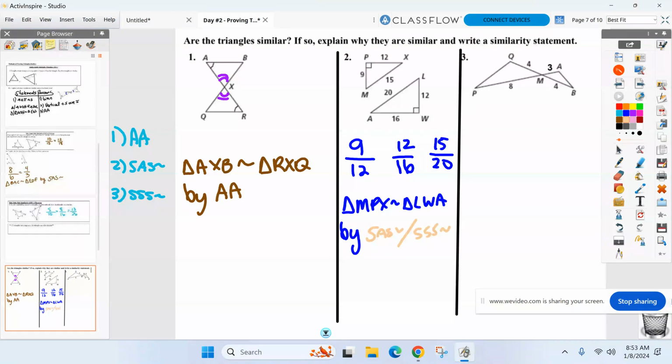All right, what about 3? Go ahead. Well, it looks like this method. I don't care if it looks like it. You have to test the sides. Are they similar or not? It could only be one method, but only if the sides are in the same ratio.